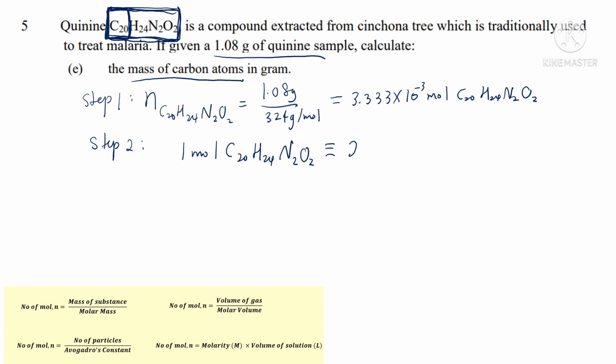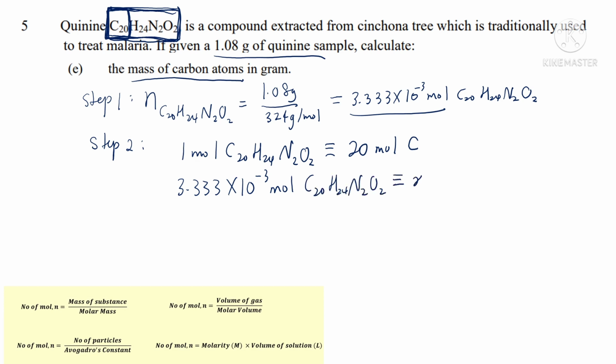Now we only have 3.333 times 10 to the power of negative 3 moles of quinine, and that is equivalent to x moles of carbon.